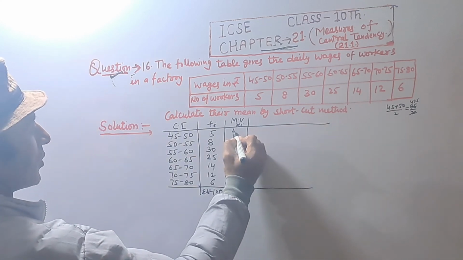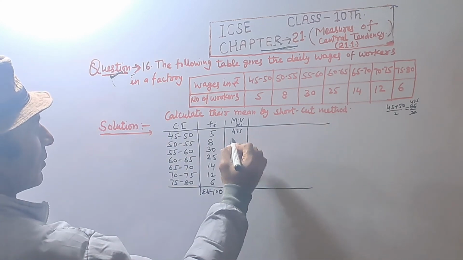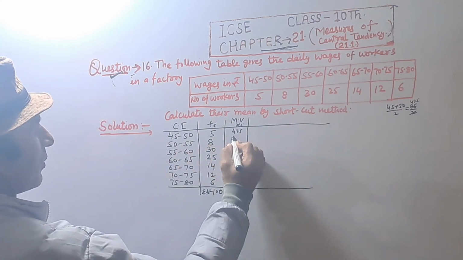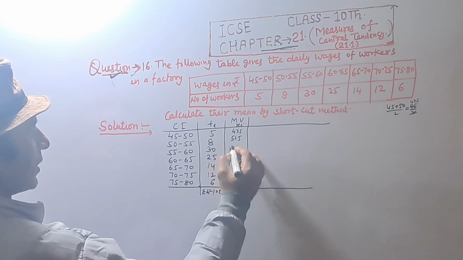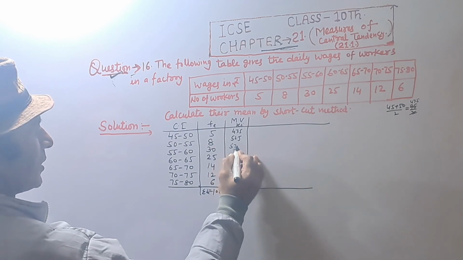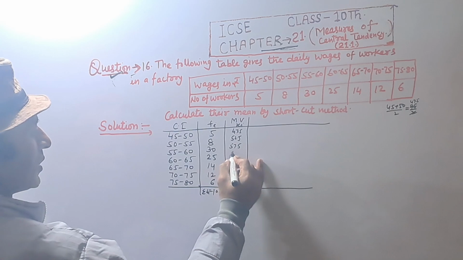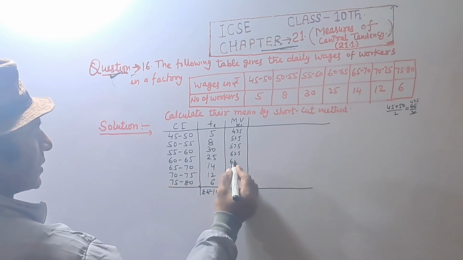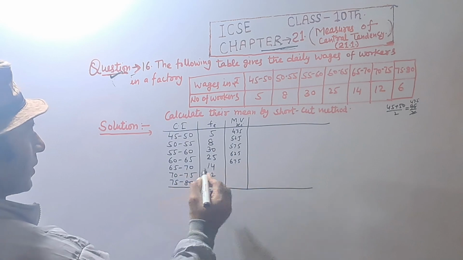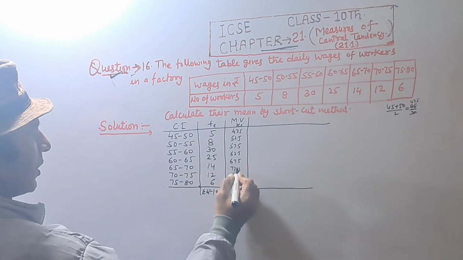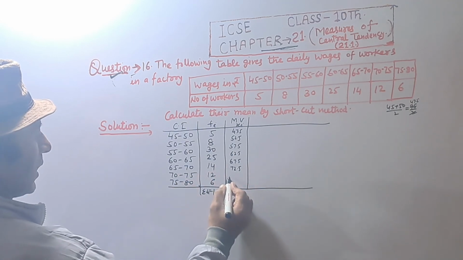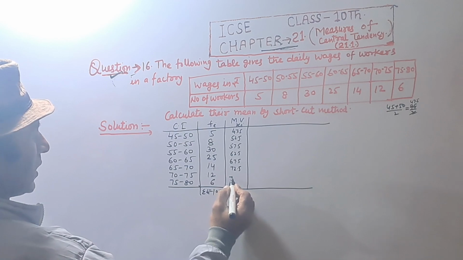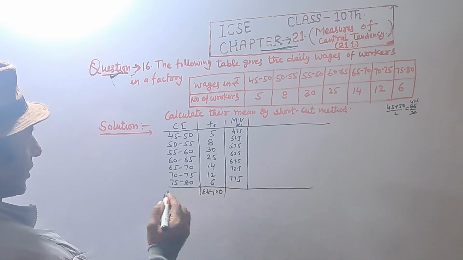First number is 47.5, then 52.5, 57.5, 62.5, 67.5, 72.5, and 77.5 last.